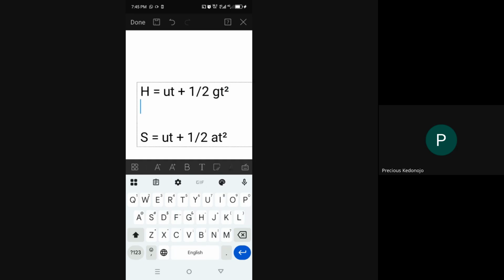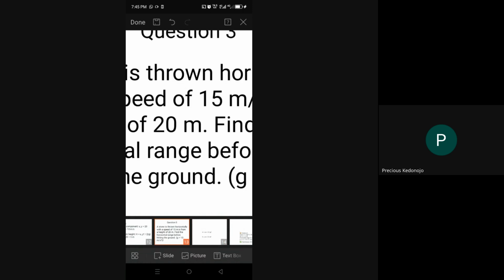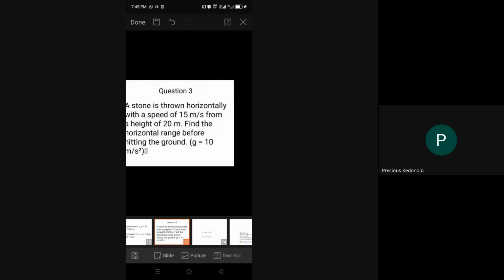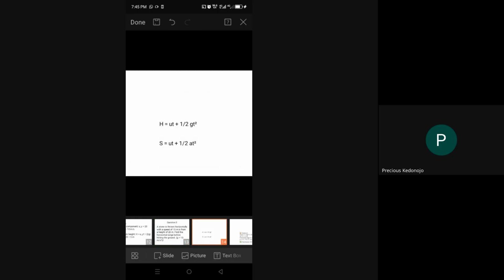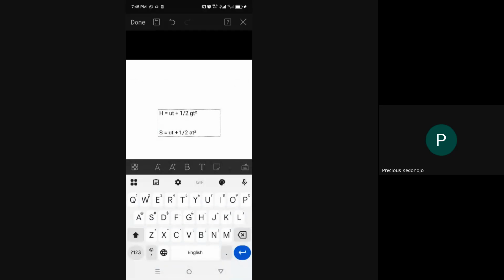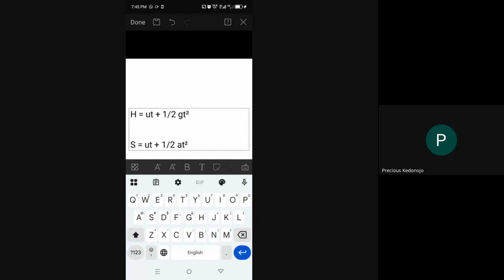In finding time, I was given height. They said the height is 20 meters. So 20 is equal to ut plus 1 over 2 gt squared.